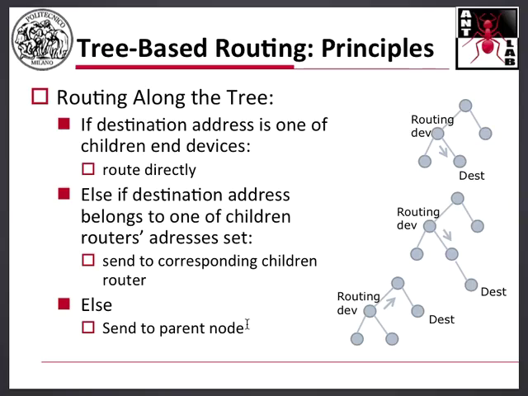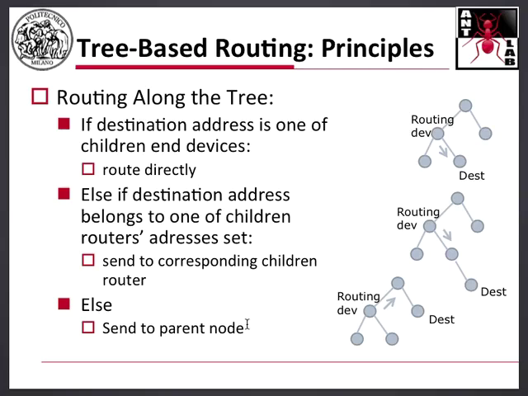The router can send the packet to the corresponding ZigBee router child. It's this case here. This node has a packet which is not meant for either of its own two children, but just by looking at the address, it realizes that this destination address belongs to the address set which it has assigned to this node here, so it just forwards the packet down to this node. Clear?